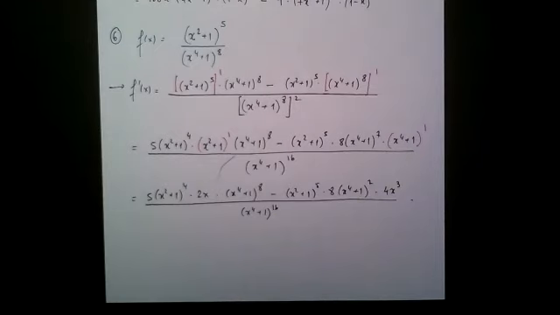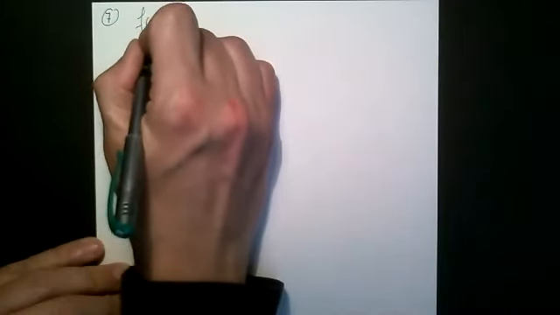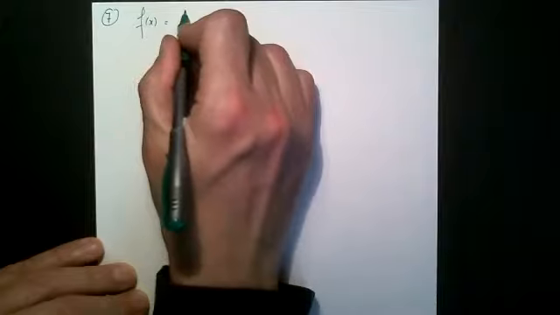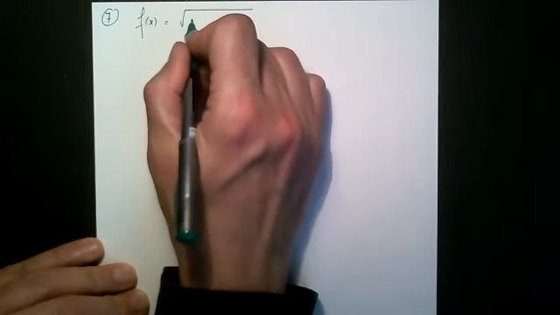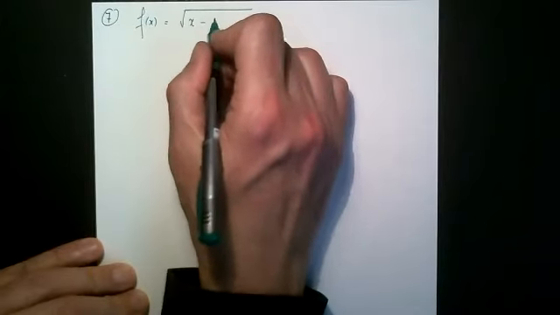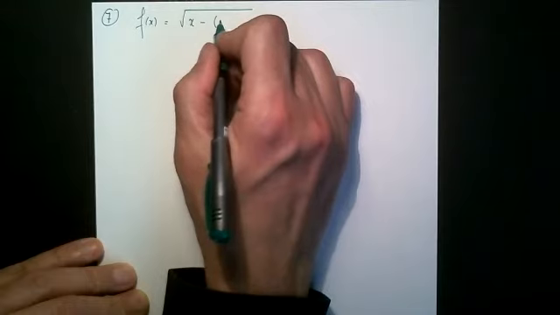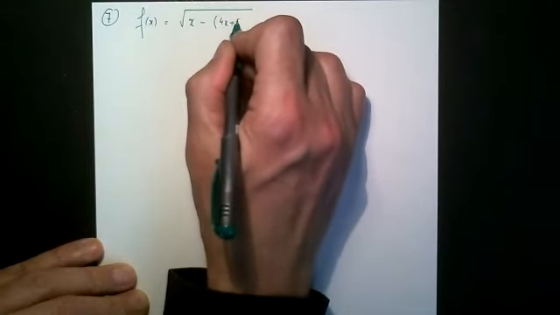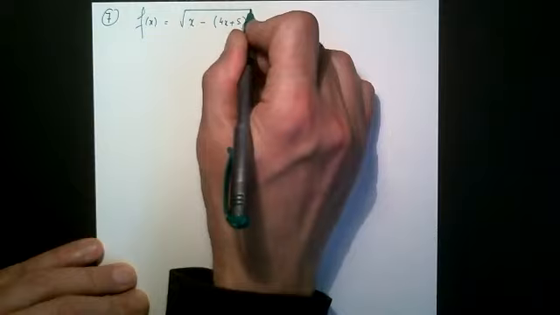Okay, let's do one more. Number 7. Let's say f of x is equal to the square root of x minus (4x plus 5)^12.